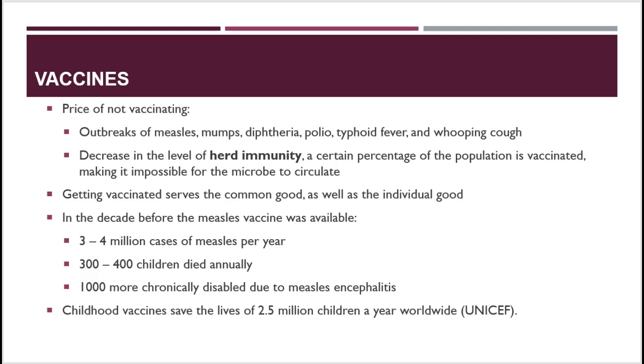The vaccines have been very successful since their discovery and implementation, and we've actually seen a pretty significant rise in outbreaks of diseases that can be prevented through vaccination, because many people have chosen not to vaccinate themselves or their children.